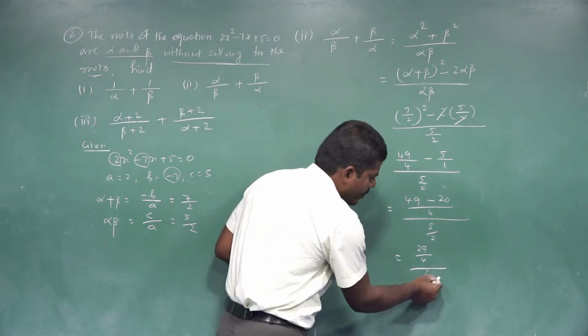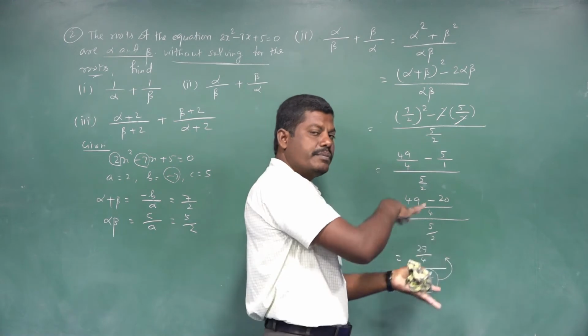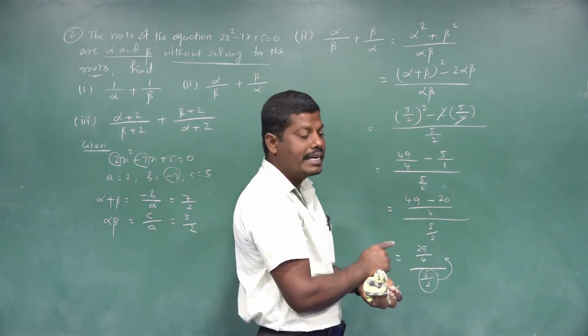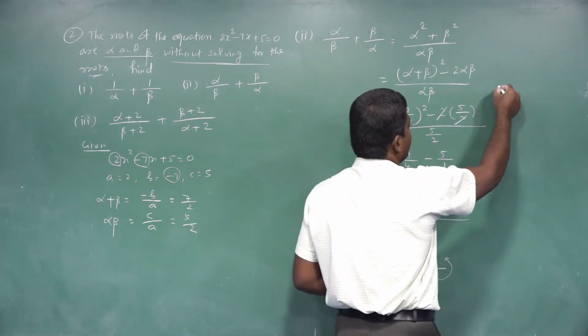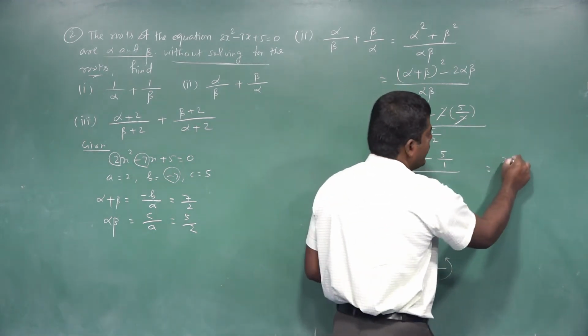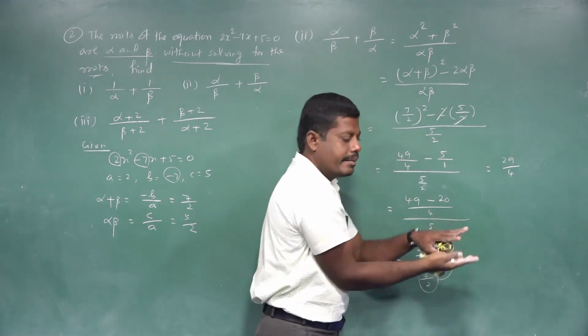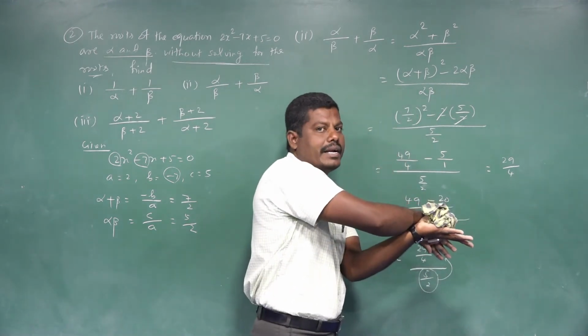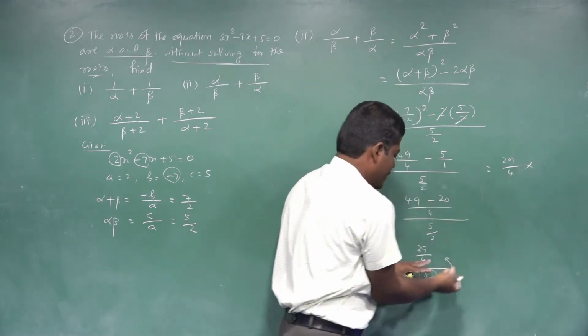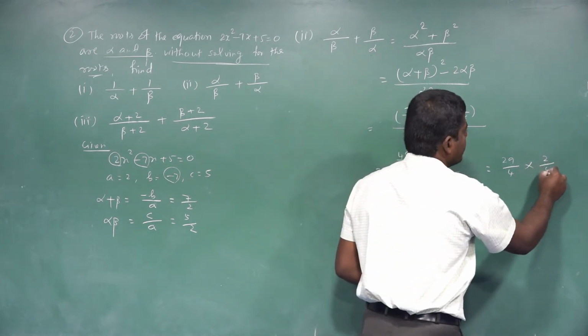Understand? Now we want to move this 5 divided by 2 to the numerator. It becomes its reciprocal and we multiply. Already our numerator is 29 divided by 4. You send this 5 divided by 2 to the numerator, it becomes reciprocal and multiply. So multiply by the reciprocal of 5 divided by 2, which is 2 divided by 5.